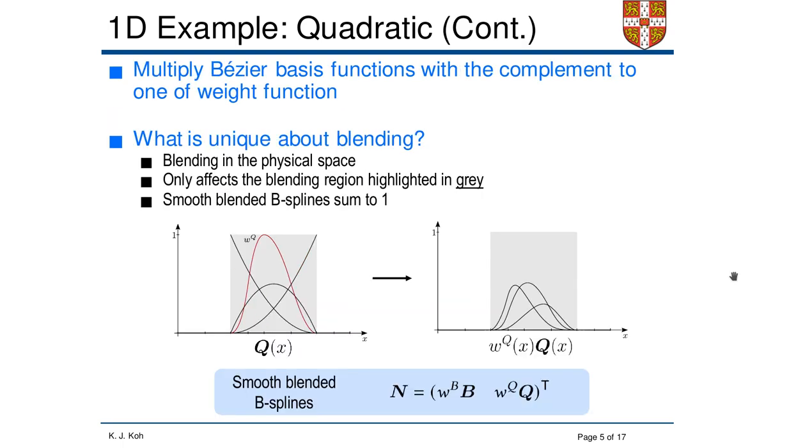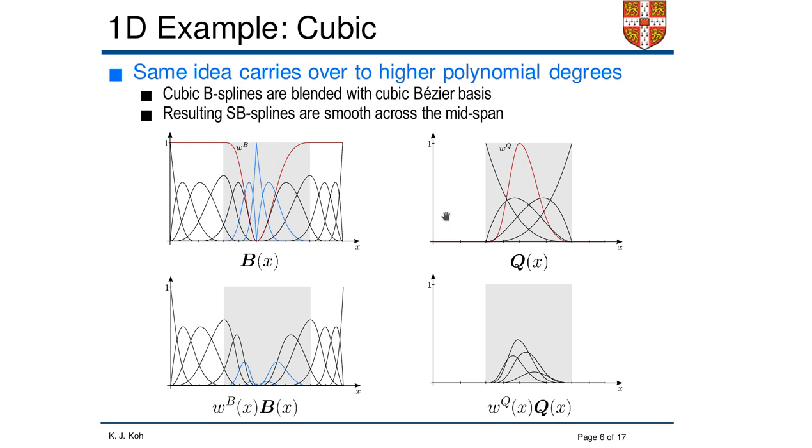So this is one of the reasons we call them SB-splines. And finally, of course, all these smooth blended B-splines sum to 1 because of the partition of unity method. So as you can see, it is quite simple.